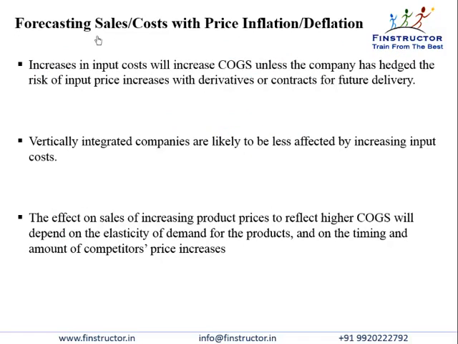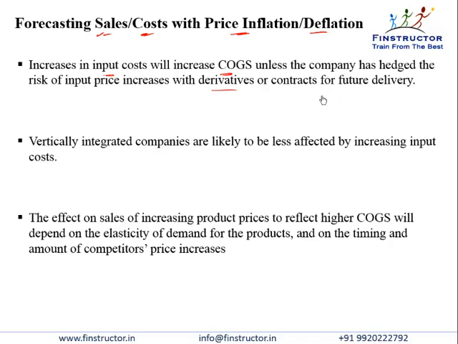What do we do, or how do we project our sales and costs when we know that there is inflation or deflation in the price of products as well as the price of raw materials? So increases in input costs, or inflation in input costs, will most likely increase the cost of goods sold unless the company has hedged the risk of input price increases by going long forwards or by entering into other futures for the raw material.